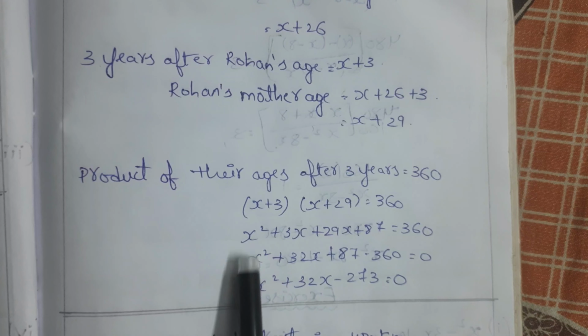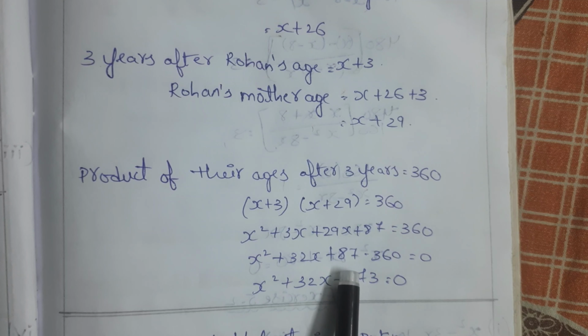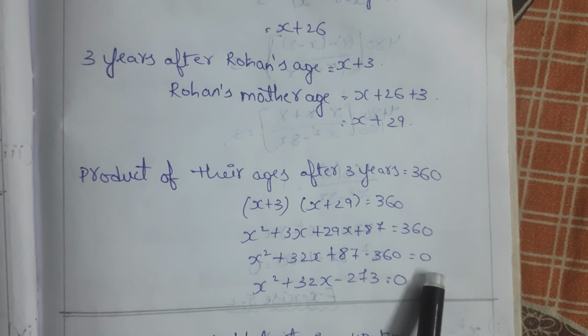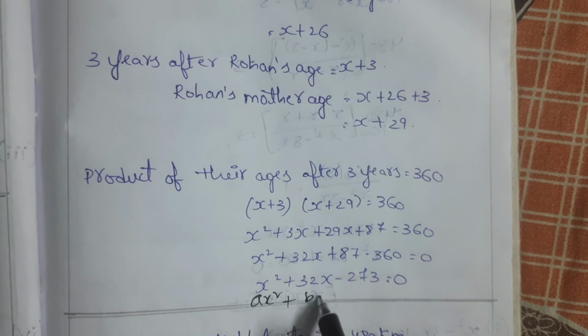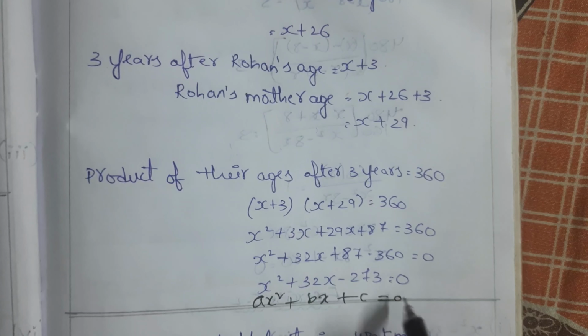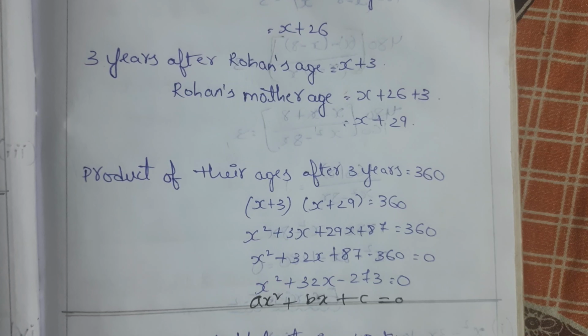Now x square plus 32x, because 29 plus 3 is 32, plus 87 minus 360 is equal to 0. That is x square plus 32x minus 273 is equal to 0. It is in the form of ax square plus bx plus c is equal to 0. It is a situation sum, which means you need to write it in quadratic equation form.